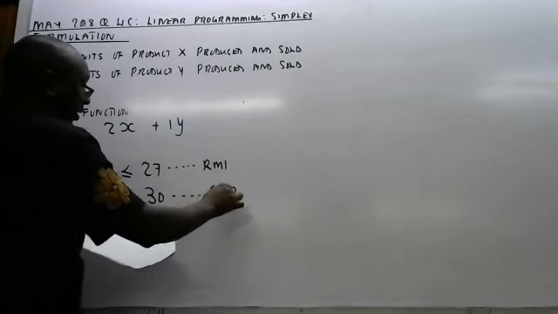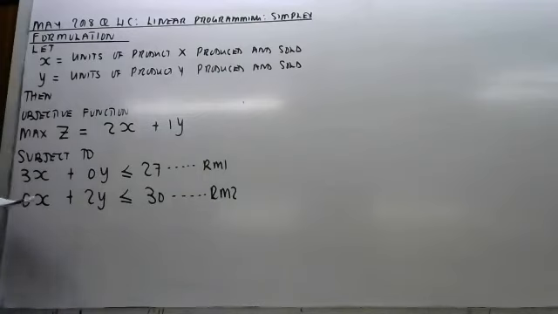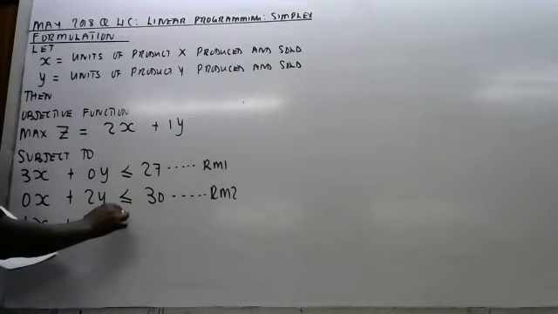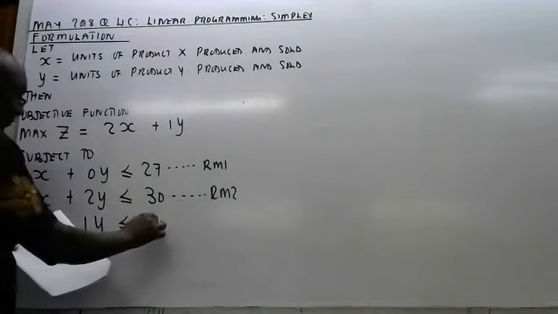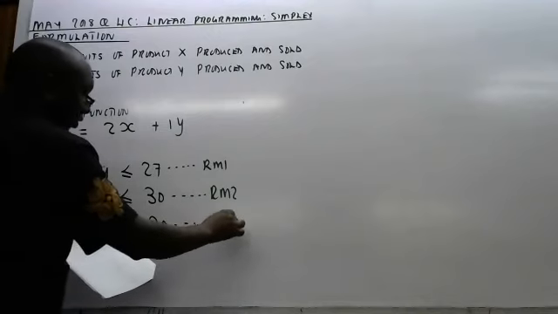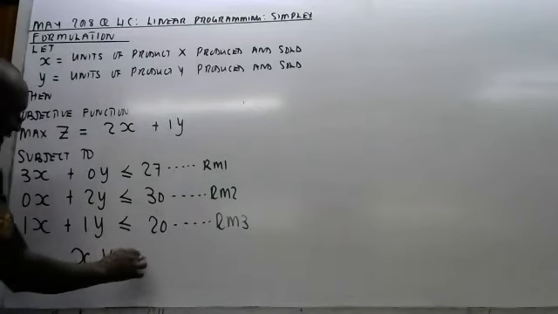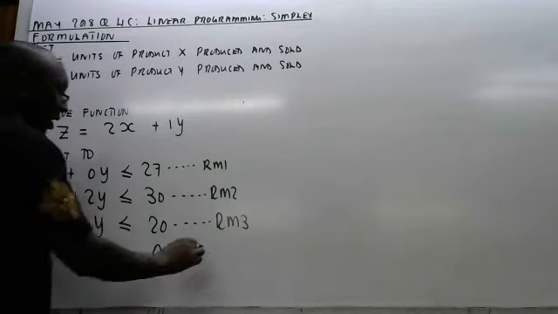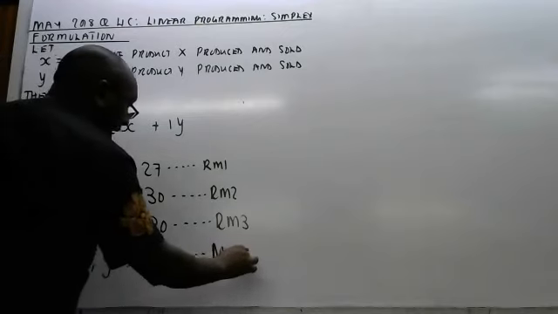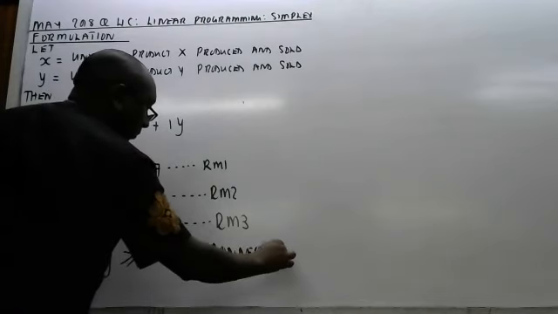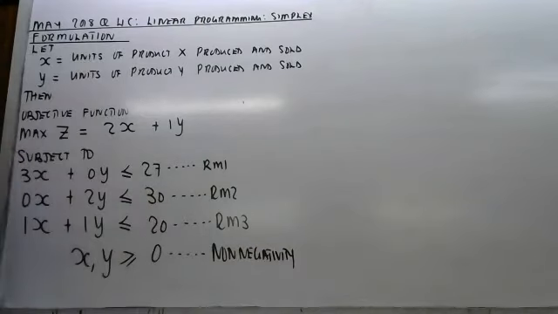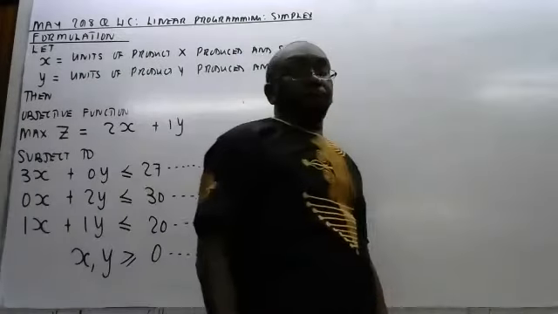And this is raw material 2. 1X plus 1Y is less than or equal to 20. And this is raw material 3. And then X, Y is greater than or equal to 0. And you know this is non-negativity.